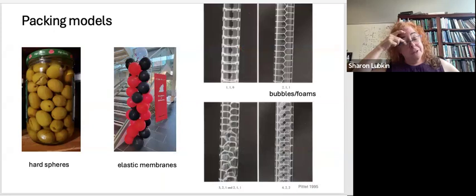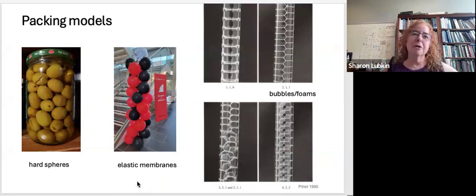This is of course the GeoMPAC group, so we're used to thinking about packing, but I am agnostic about the mechanics of these notochords. Why am I agnostic? Because it's almost impossible to measure the mechanical properties of these tiny things, because as soon as you go in and measure, you've destroyed the thing.